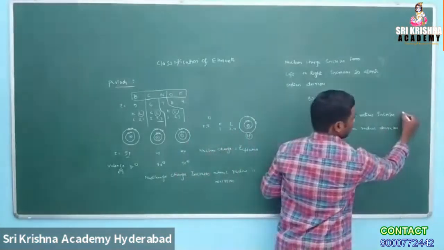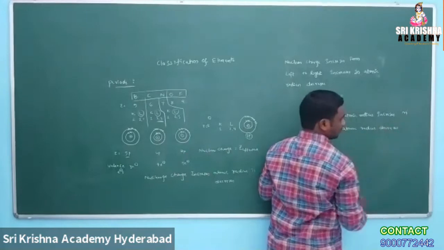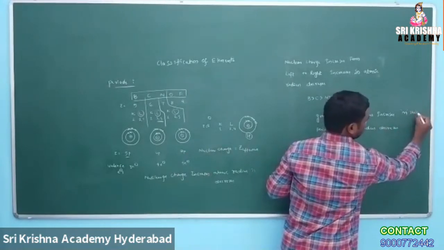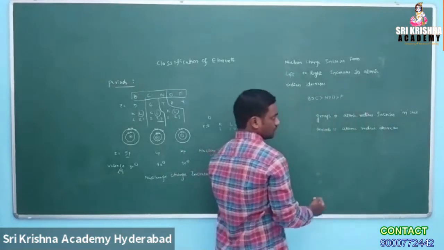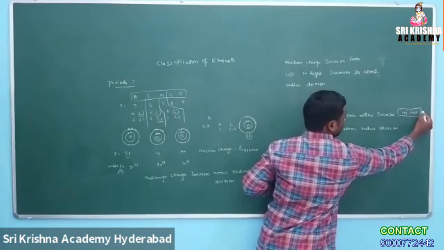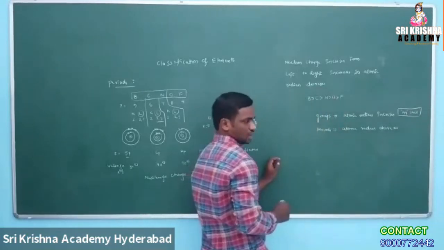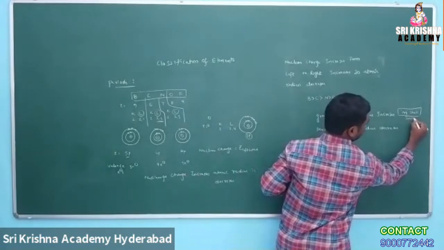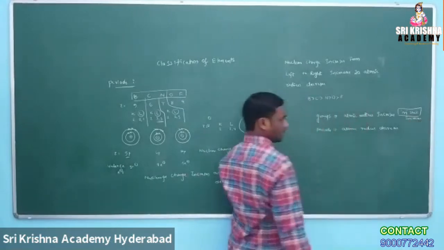Why? Because of n values. N means number of shells. The number of shells increases. Atomic radius is directly proportional to the number of shells. N values increase and shells increase.